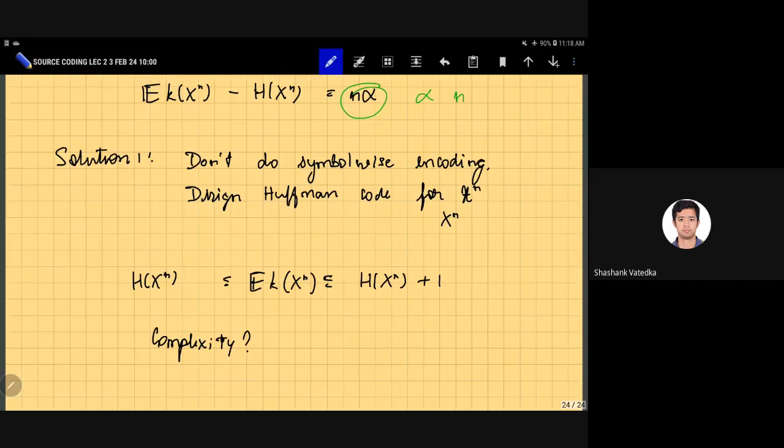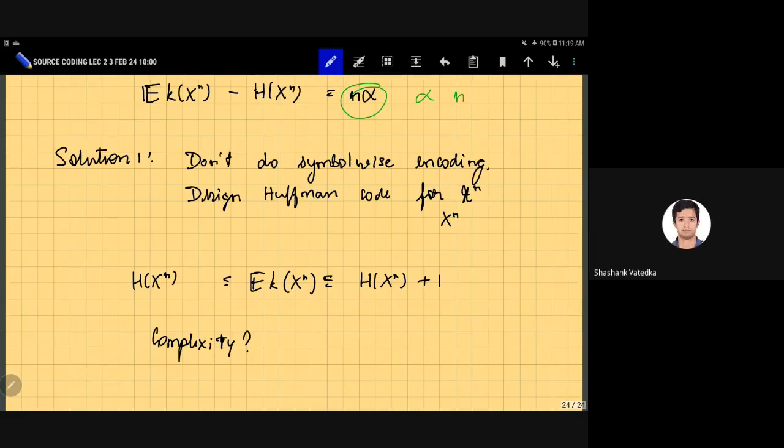Anyone? Order of n log n? It's not order n log n, right?